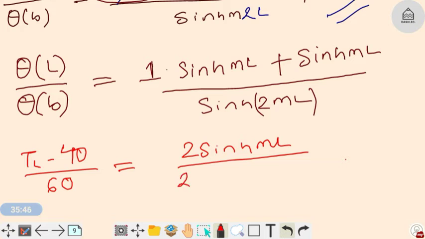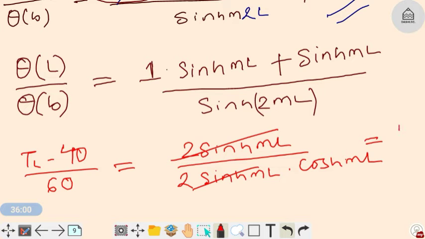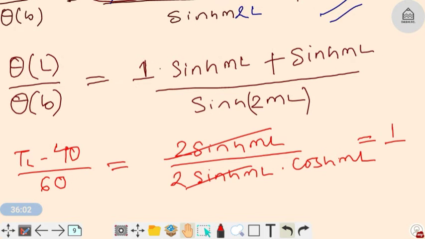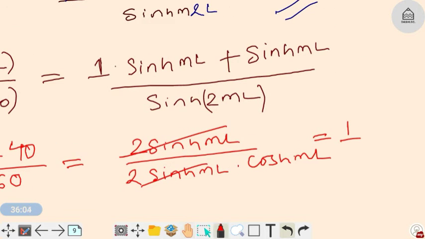So this is 2 sine hyperbolic ml into cos hyperbolic ml. Yes or no? So this cancels, and this is equal to 1 divided by cos hyperbolic ml.